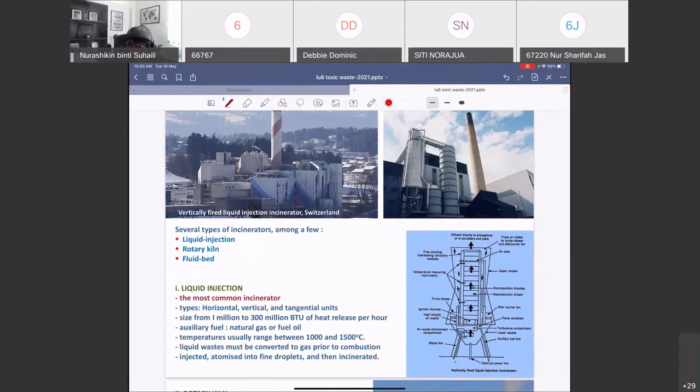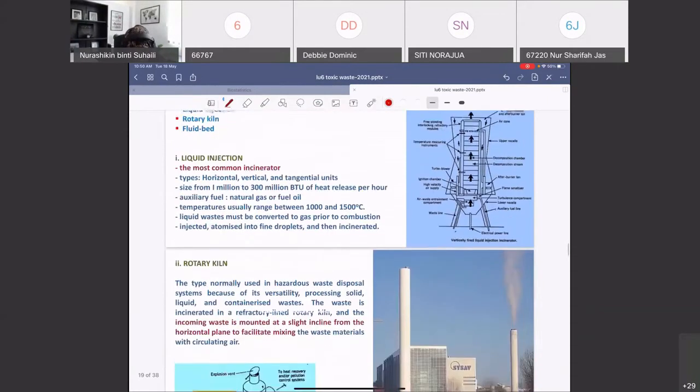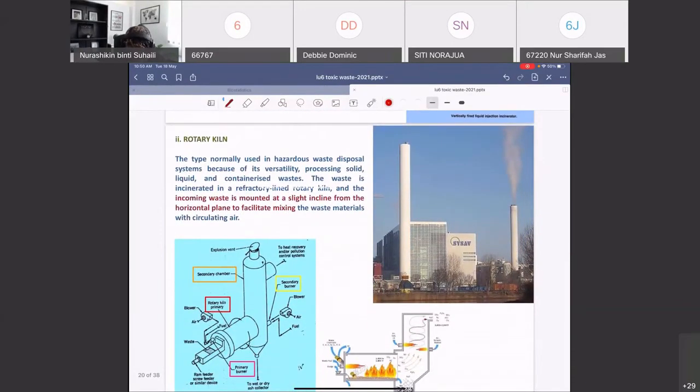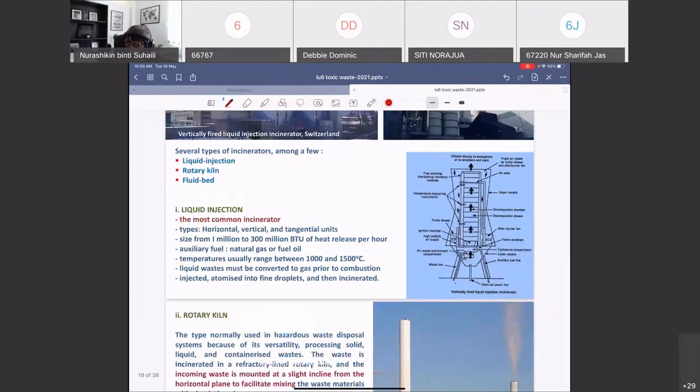This is liquid injection. I'll just go through briefly. Rotary kiln. You can see this one is in a vertical orientation. You can see the temperature is very high. It's not 100 degrees, but way more than that. It's 1000 degrees Celsius.